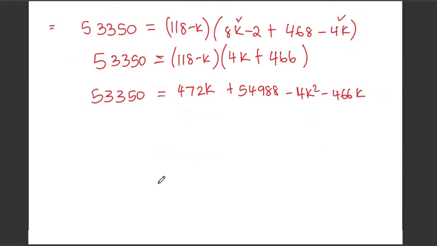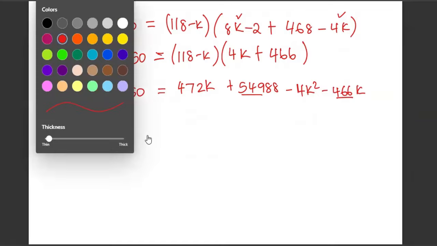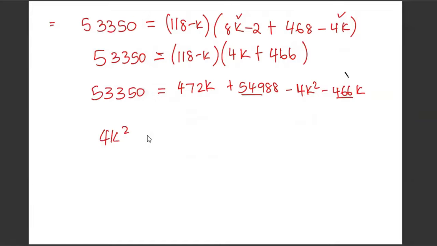Put this side or that side, and then let's create a standard equation. Move this one that side. It's going to be 4k squared. Then we said like terms, so it's the 466k and then the 472k. So 472 minus 466 is giving me a 6.